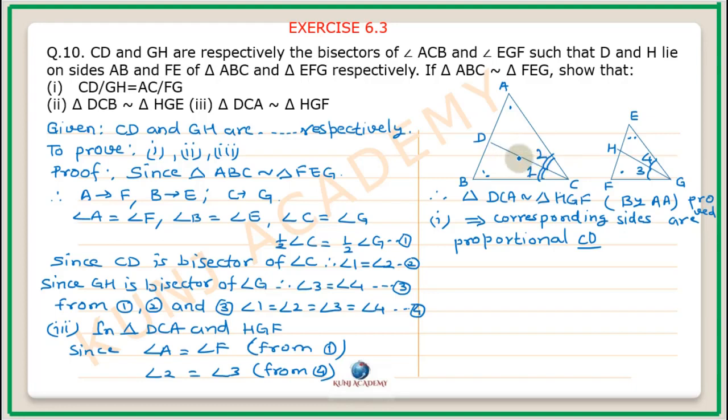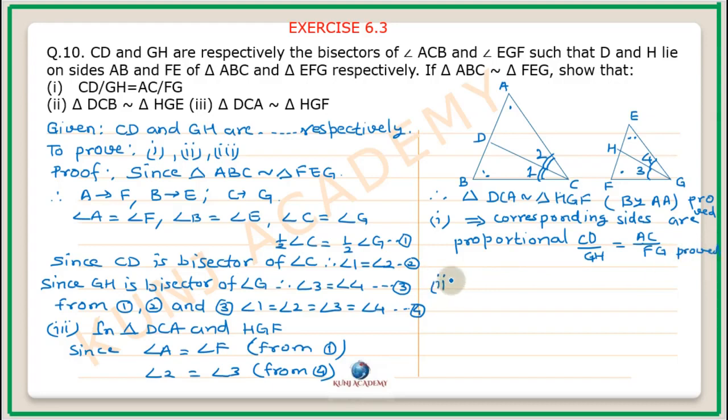CD is the side opposite to angle A, and angle A is equal to angle F, whose opposite side is GH, equal to AC, the side of the first triangle, upon FG. AC is the side opposite to the remaining angle; in the lower triangle, the remaining angle's opposite side is FG. Proved. First part proved.